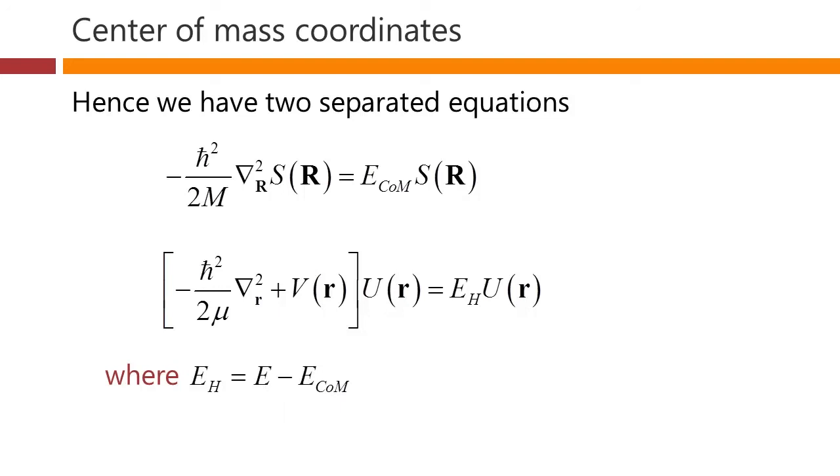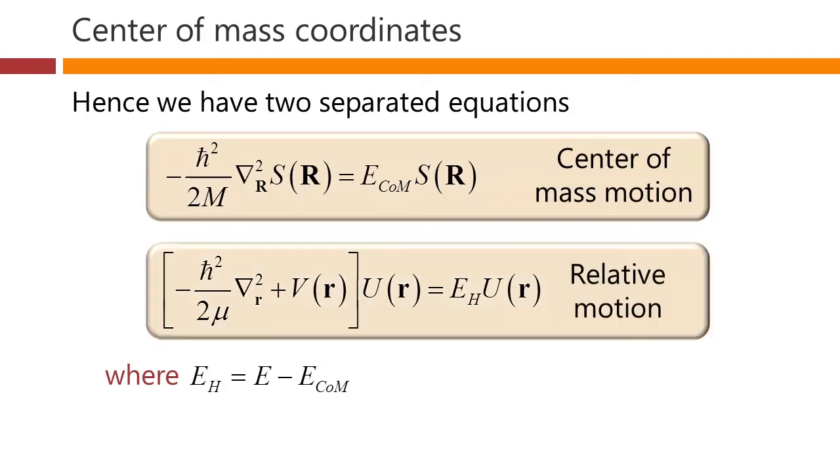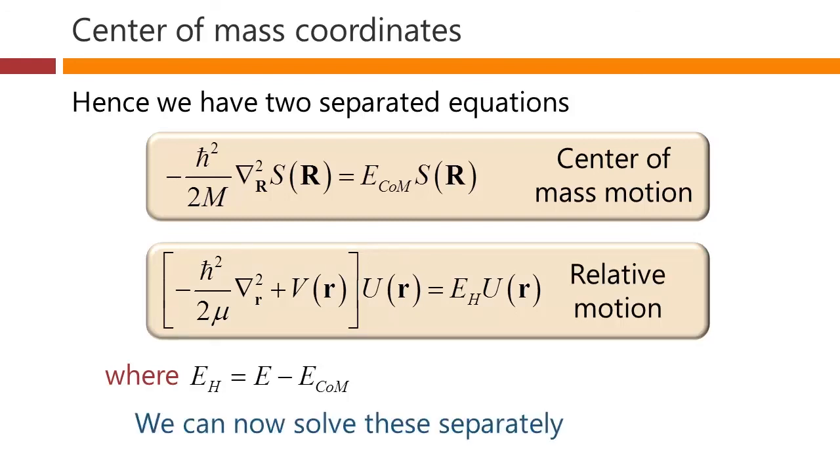It's a simple rearrangement we've done to get to that form. So we have two equations, each of which is only in 3 coordinates. And this one is the center of mass motion equation, and this one is the relative motion equation. And we can now solve these separately.